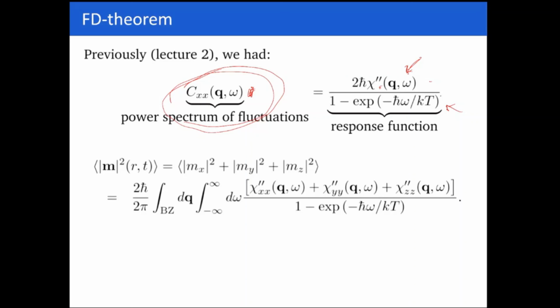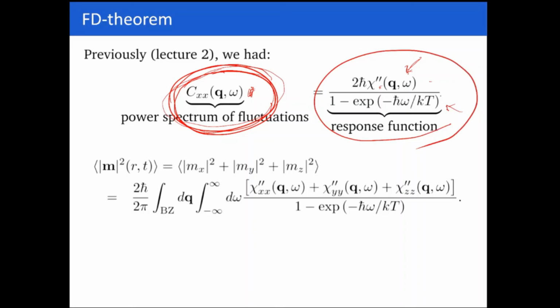If we want to get the fluctuating moment, then if we look at the fluctuation dissipation theorem, this is the fluctuating moment here. One can integrate this thing up, which actually corresponds to integrating the response function from the fluctuation dissipation theorem. Here things get a bit complicated, but I'm just going to tell you what happens.